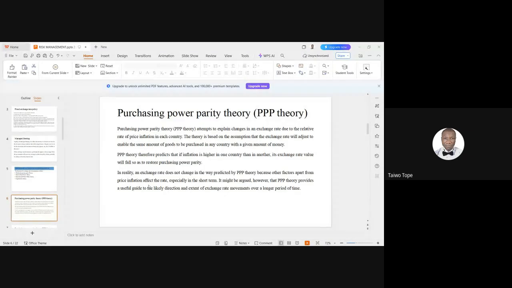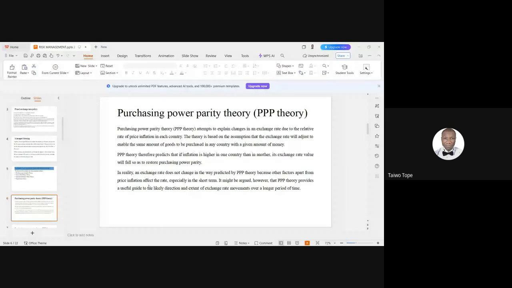It forecasts that if inflation in one country is higher than in another, for example if inflation in Nigeria is higher than that of Ghana, the exchange rate value will fall so as to reinstate purchasing power parity. In practice, the exchange rate does not change in line with the forecast due to limiting factors such as price level changes, employment, currency fluctuation, availability of credit, and so on.